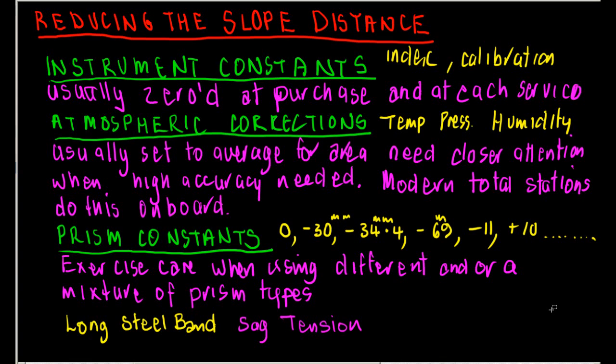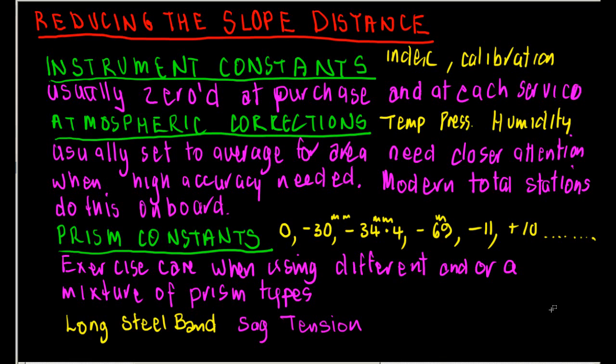As you can see, if you had a -69 constant in when you should have a +10, that's a whole 79 millimetres of possible error. It is very important, therefore, that you check that you have the correct prism constant. There are other ways around this.